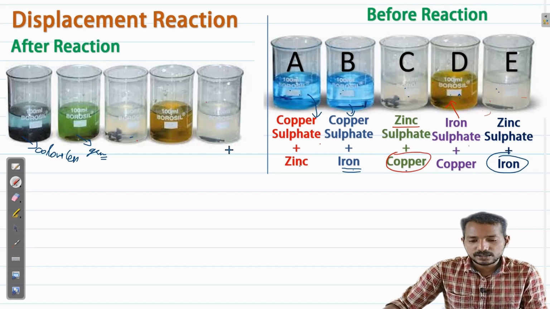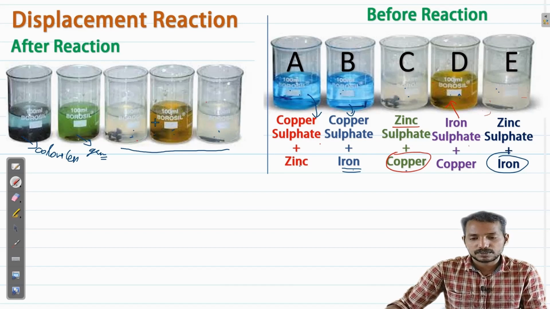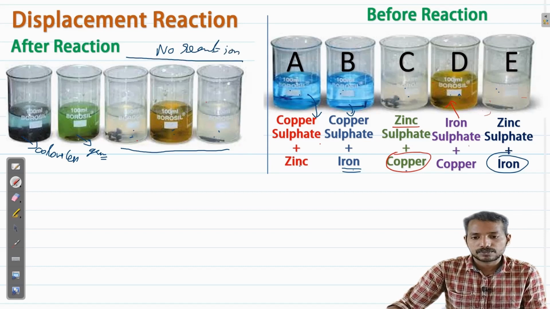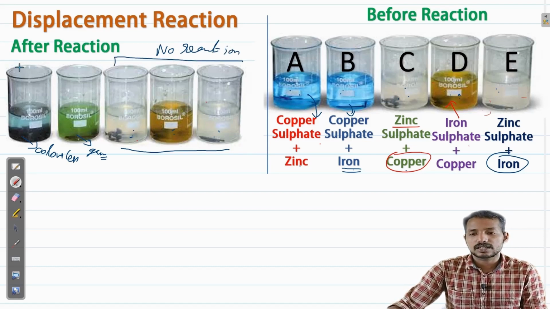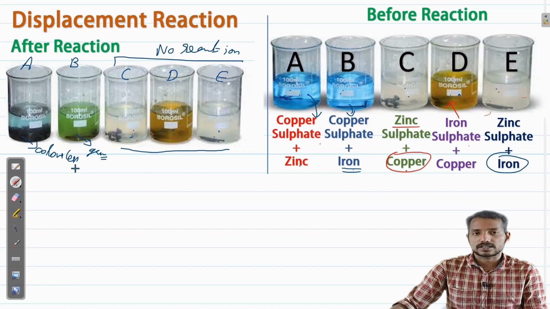In these three beakers, C, D and E, there is no color change. That means no reaction takes place. But in A and B reaction takes place, while in C, D and E there is no reaction.